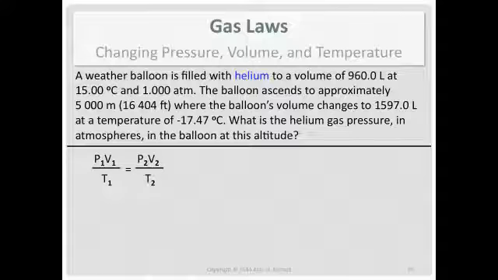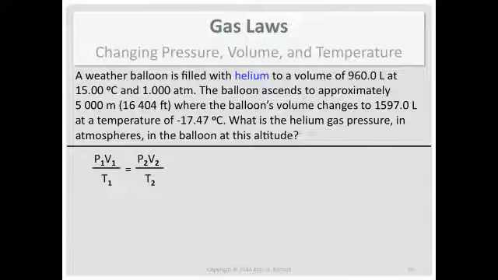Likewise, the helium is a distractor. You don't need it for the calculation, but I needed it when I set up the problem, because if I would have substituted in carbon dioxide, well, it wouldn't have affected your calculation. It would have affected whether this problem can actually work. Carbon dioxide is not a buoyant gas. It would not have floated.